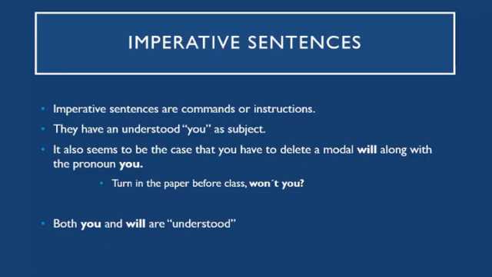How do you make imperative sentences into tag questions? You use the auxiliary will, and then you say, turn in the paper before class, won't you? You don't say, are you? Can you? You would say, won't you? So that's why will is also understood. Both you and will are understood in the imperative sentence.